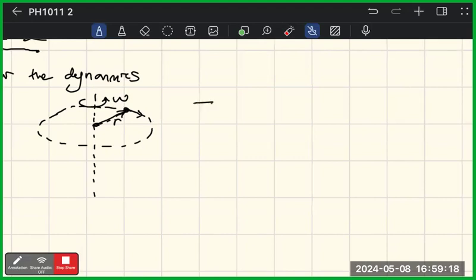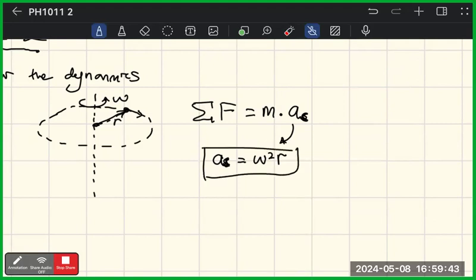For this kind of question, you just have to put the Newtonian equation, which is the sum of forces equals mass times acceleration. The acceleration we're going to use is centripetal acceleration, a_c, which is omega squared times r, the radius of the circular motion, and that's it.